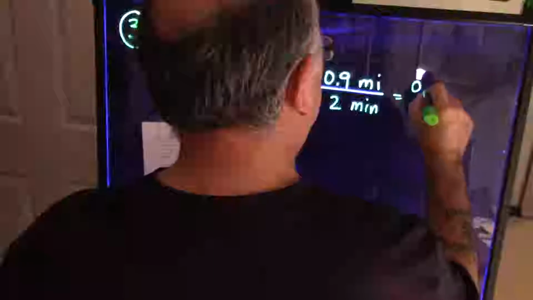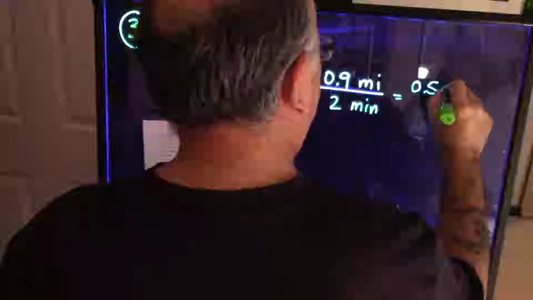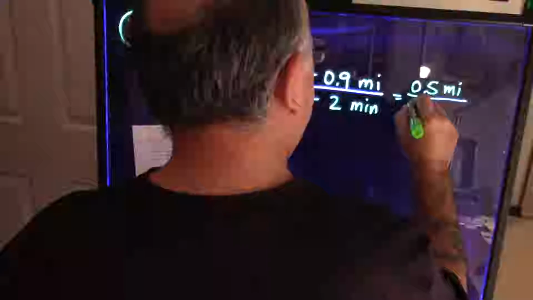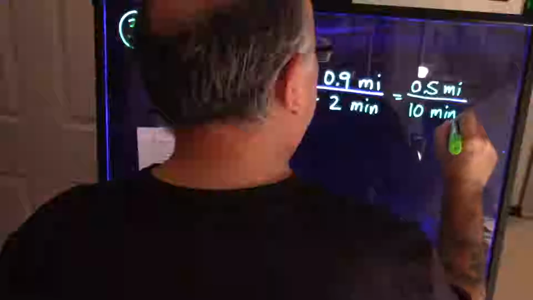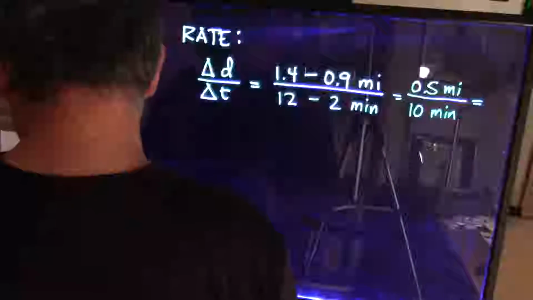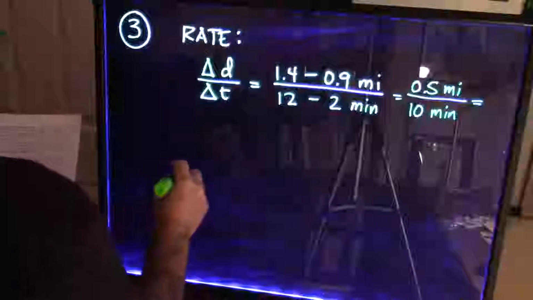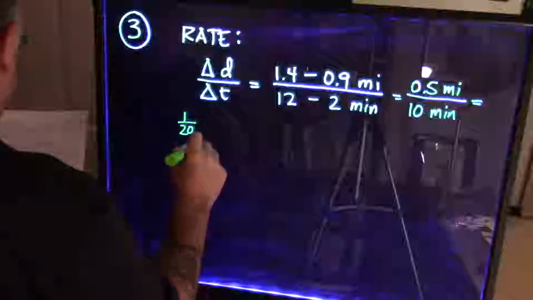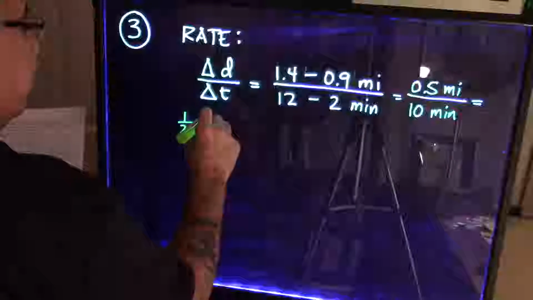And that equals 0.5 over 10. That's 0.5 miles over 10 minutes. And that equals 1/20th miles per minute.